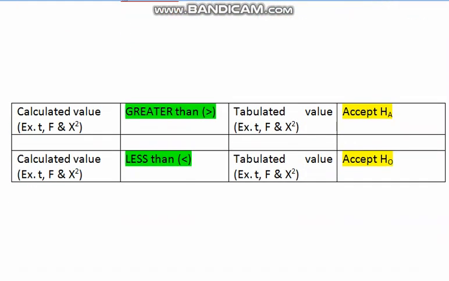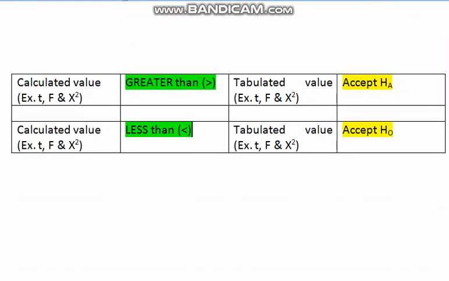So in a simple way, you can understand when we accept the null hypothesis or when we accept the alternative hypothesis, which alternatively means we are rejecting the other hypothesis. You can easily remember this: if the calculated value is greater than the tabulated value, then we accept the alternative hypothesis, or HA.